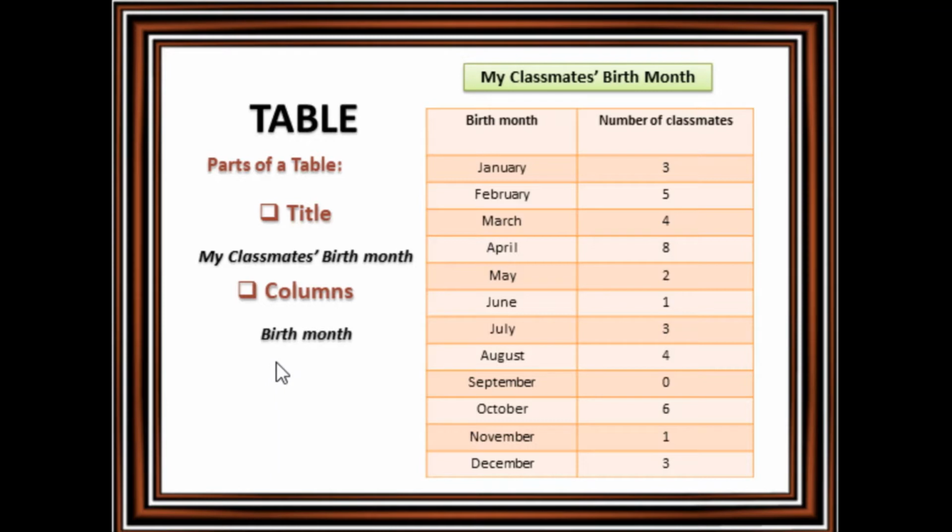Column 1 has birth month. Column 2 has the number of classmates. And then lastly we have the rows. The rows contain the individual answers of the respondents. So we have title, columns, rows.